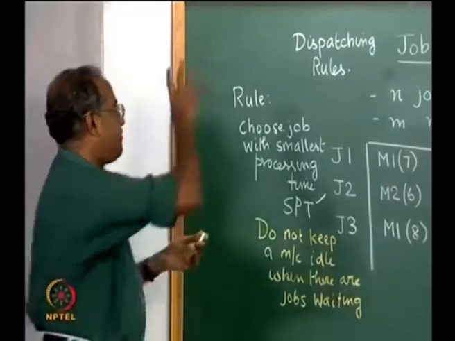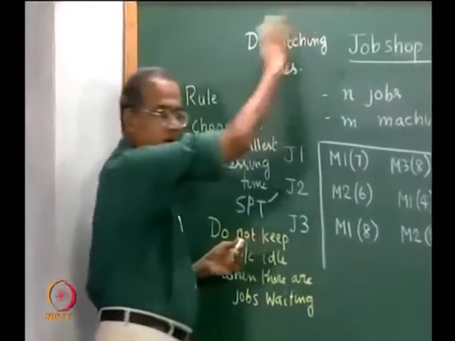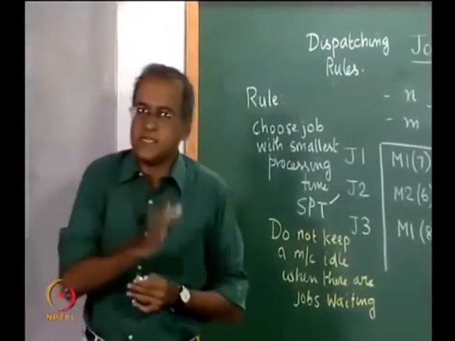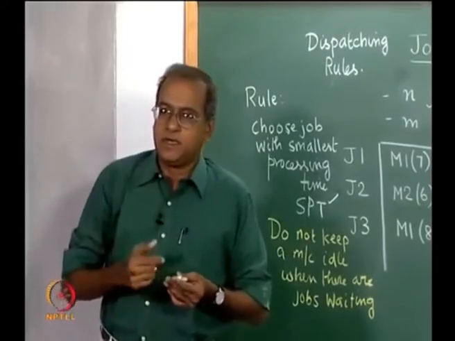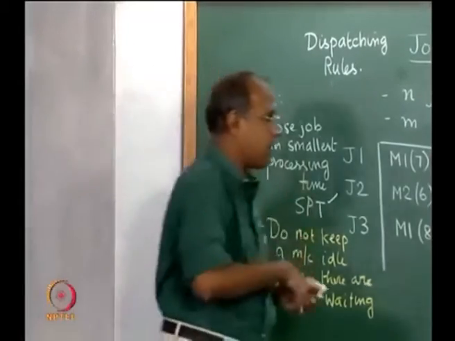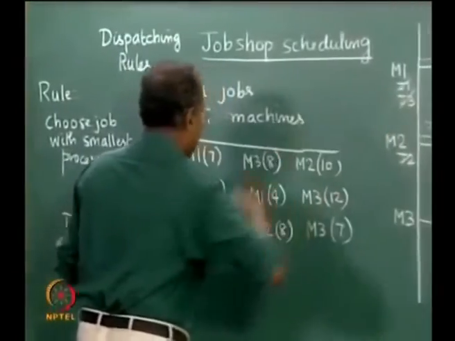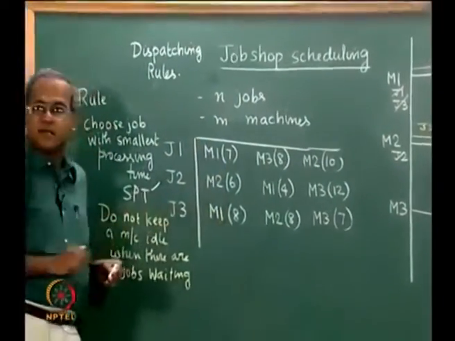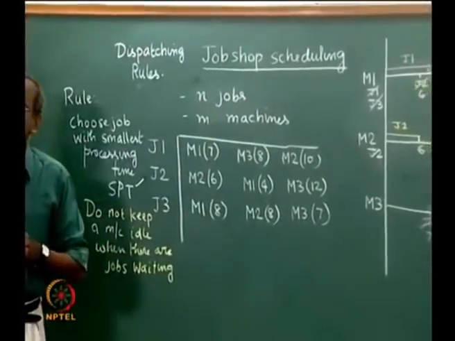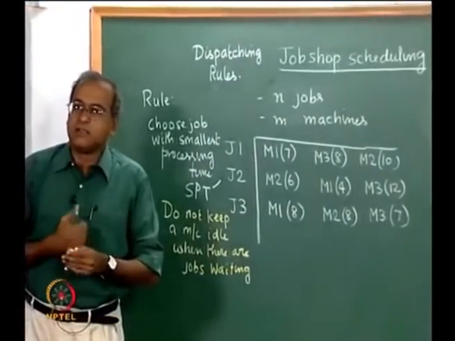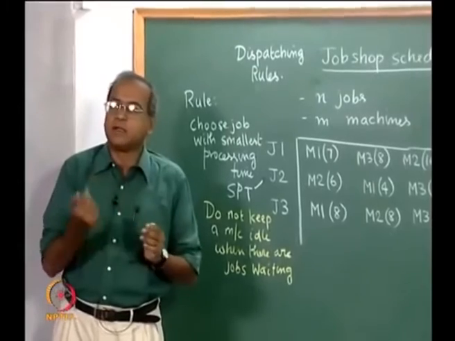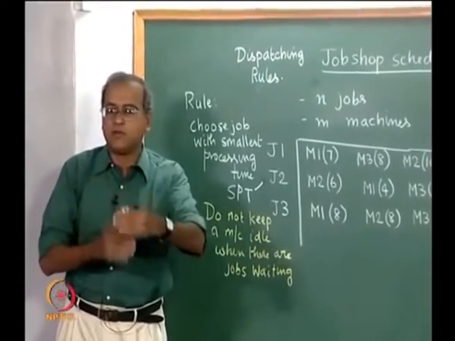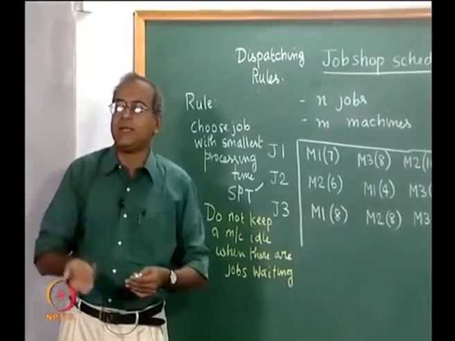So, we first define a dispatching rule, and then if necessary we have to define a tie breaking rule. As mentioned earlier, if both J1 and J3 had 7 and 7, then the shortest processing time rule would not be able to get a unique job from the jobs waiting. So, there will be a tie.